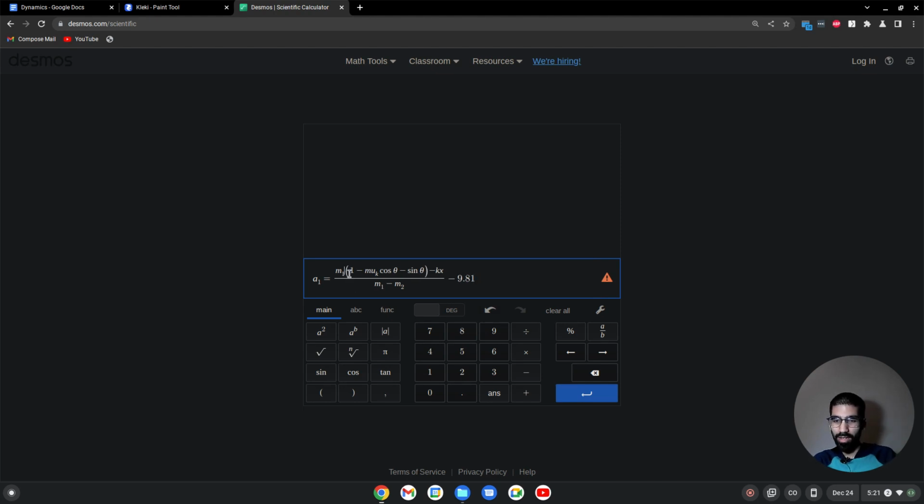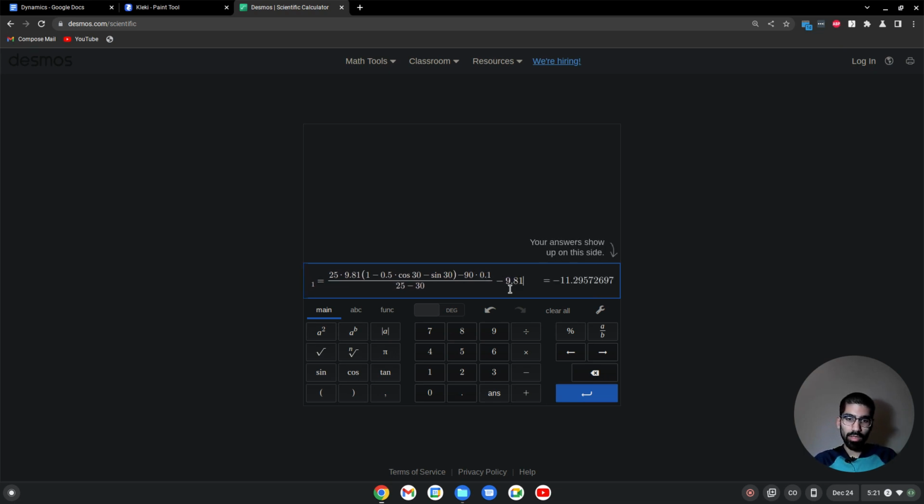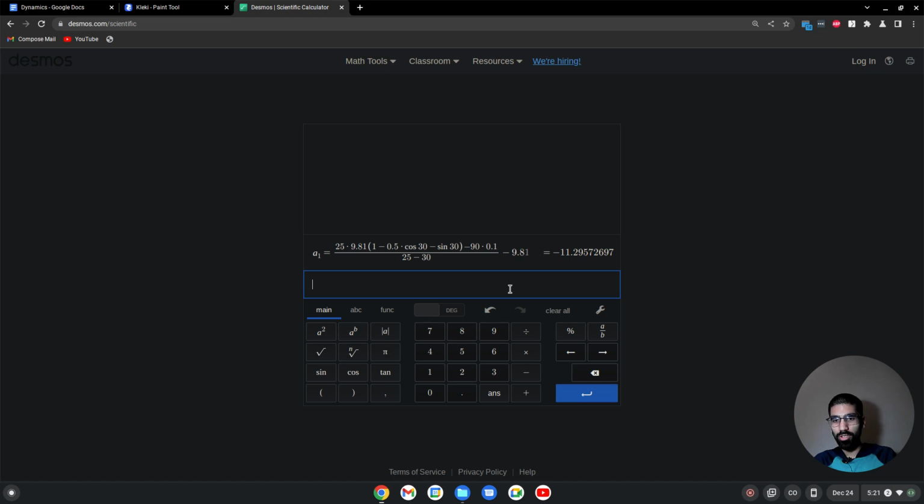M1 is 25 kilograms, this is 30 kilograms, mu k is 0.5, theta is 30 degrees, and k is 90 newtons per meter times 0.1, which is the extension we had.